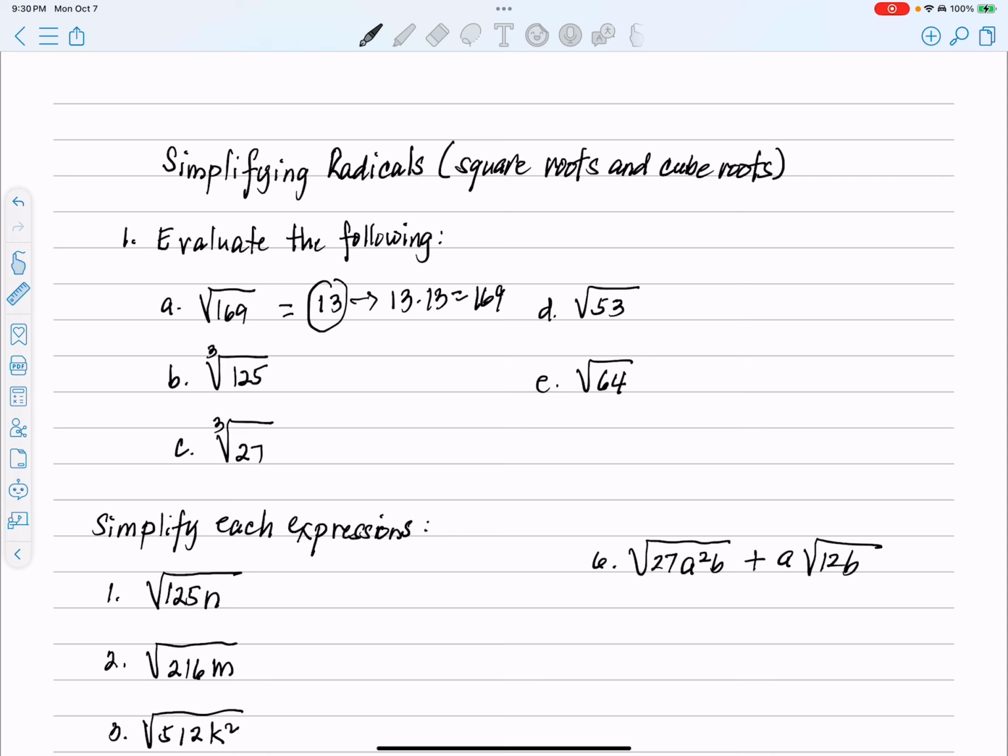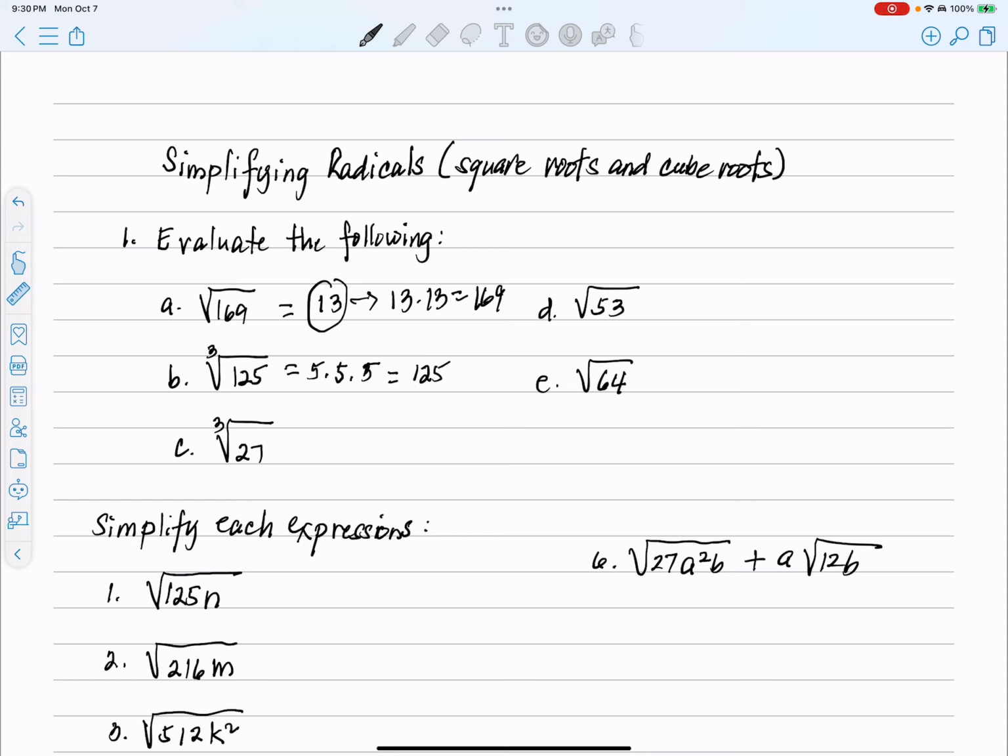B is a cube root, meaning we have to find a number that when you multiply 3 times will give you 125. Of course, that number would be 5, because when you multiply 5 times 5 times 5, 3 times, it's giving you 125.